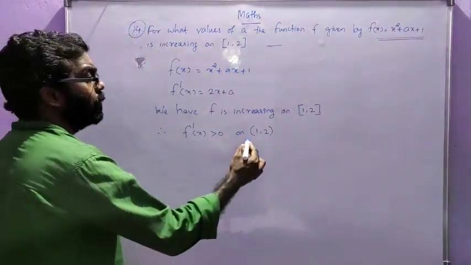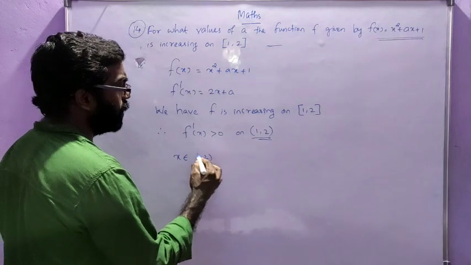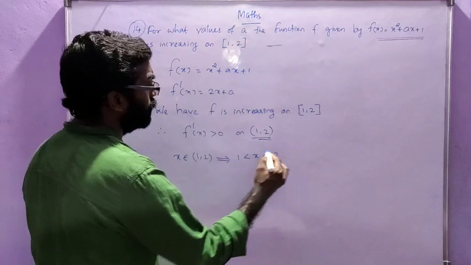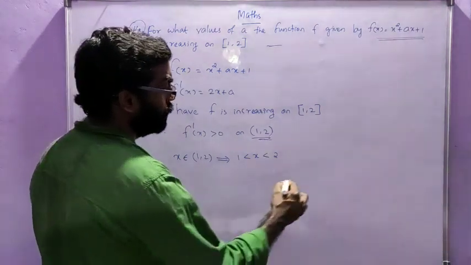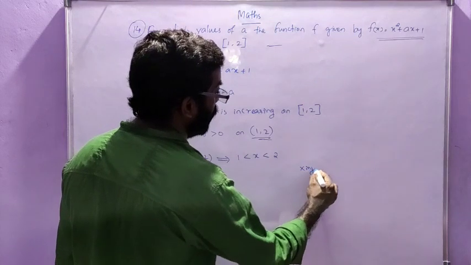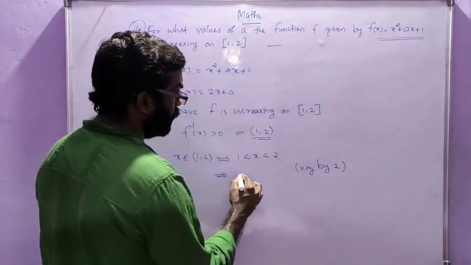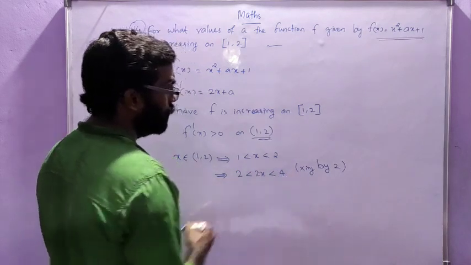Clear? Here the domain is 1 comma 2. So x belongs to 1 comma 2 implies 1 less than x less than 2. We can multiply the inequality by 2. Multiplying by 2, we get 2 less than 2x less than 4.